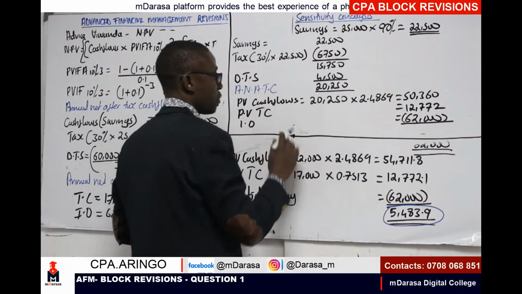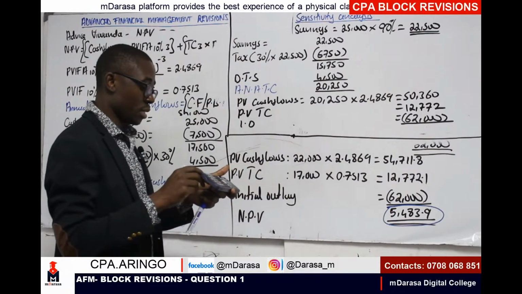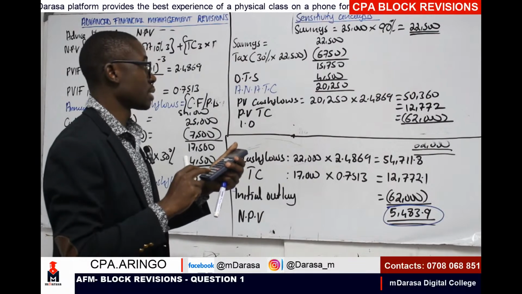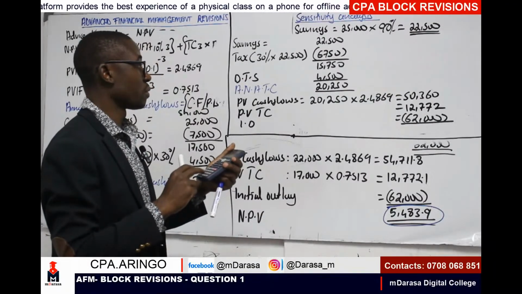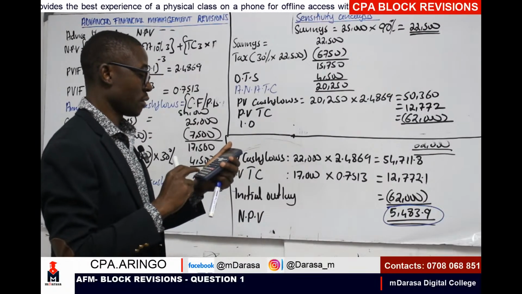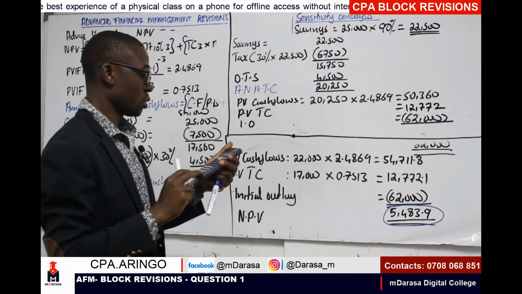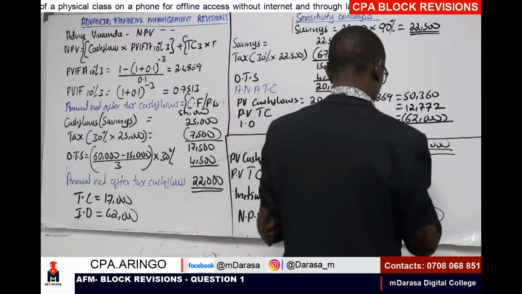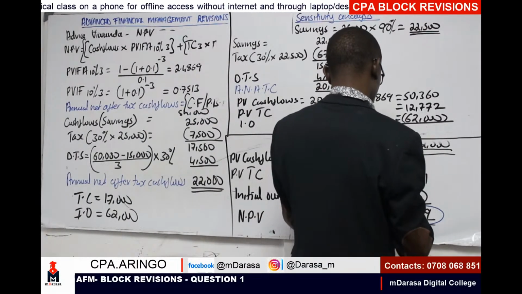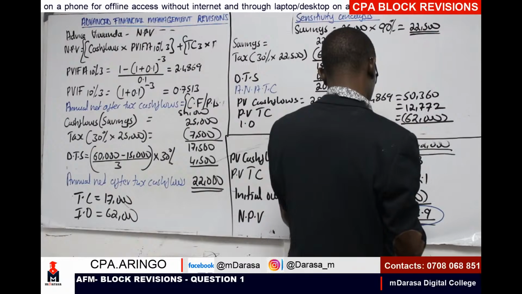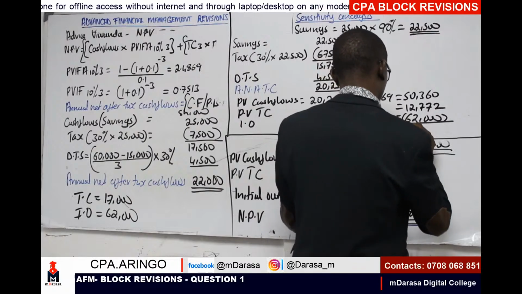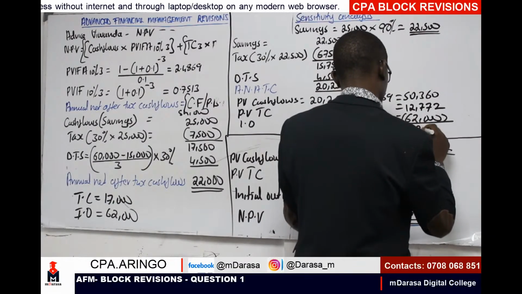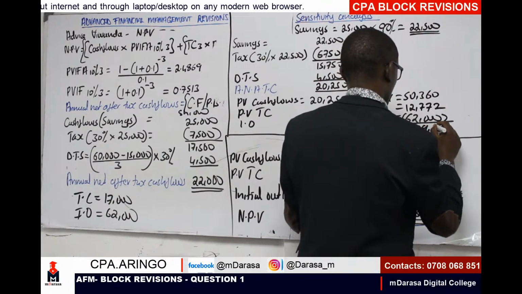My NPV, therefore, I should be having this figure, 50,360 plus 12,772 to give us basically 63,132. That is 63,132 minus 62,000.